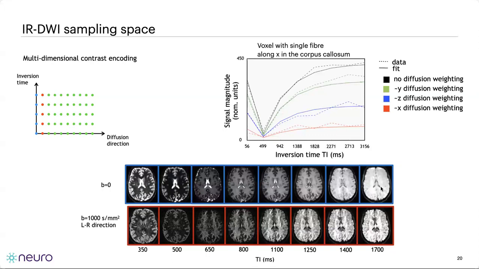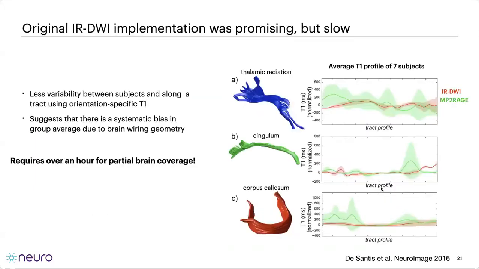So your fiber direction is the X direction, right? Which is why the signal will be lowest when you're encoding diffusion along the X direction. But otherwise, you see that you have this nice signal recovery that we're fitting nicely. So that's more of just checking that everything works because we have a single fiber, obviously, in the corpus callosum. But we're going to start to look at some other more complex areas.